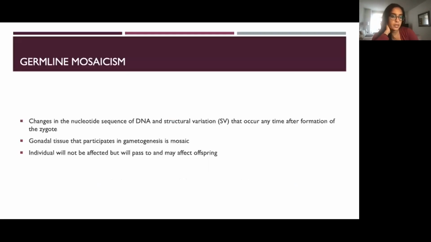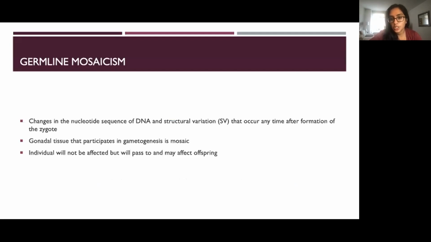In terms of germline mosaicism, these are changes in the nucleotide sequence of DNA and structural variation that occur anytime after the formation of the zygote. Gonadal tissue that participates in gametogenesis is mosaic, and individuals will not be affected, but will pass this on to their offspring.